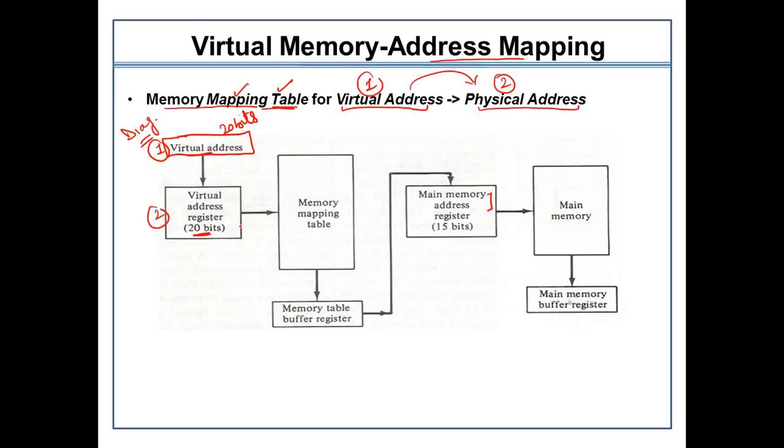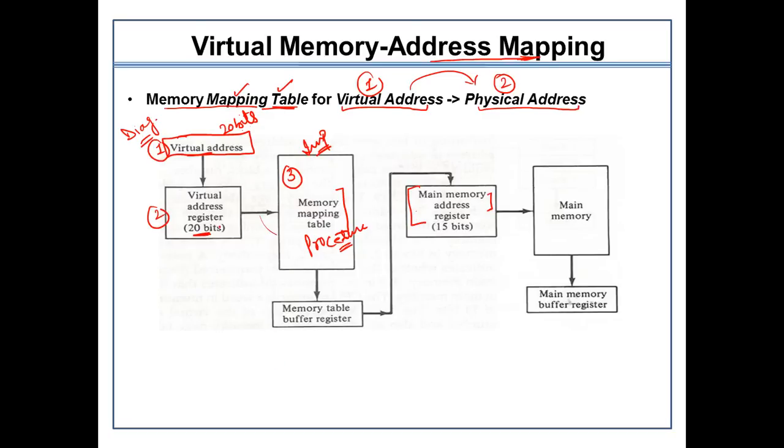Now our procedure is that we simply want to map the data. So how will we proceed? In the third step, which is an important and crucial step, we will be using a memory mapping table. It means we apply a certain procedure so that this entire virtual address can be shuffled into the main memory's address.